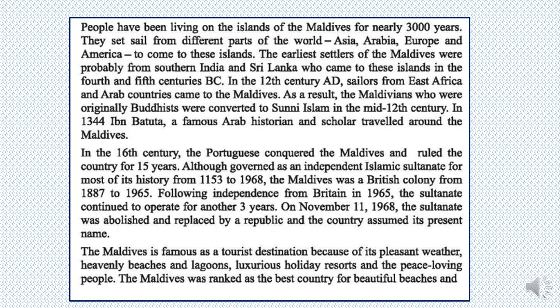Following independence from Britain in 1965, the Sultanate continued to operate for another 3 years. On November 11, 1968, the Sultanate was abolished and replaced by a republic, and the country assumed its present name.